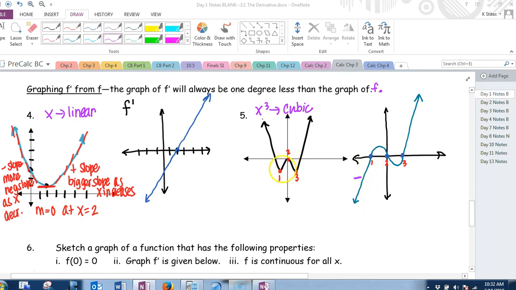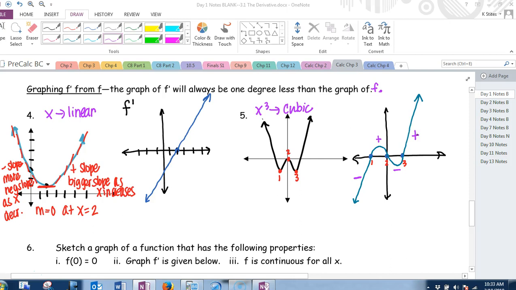Okay. Between points 1 and 2, this is a positive slope. But between points 2 and 3, it's a negative slope. So that's why between 1 and 2, we are up here in the positives. But 2 and 3, we are down here in the negatives again. And then to the right of point 3, your slope is again positive. Okay, so I'm back in the positives.